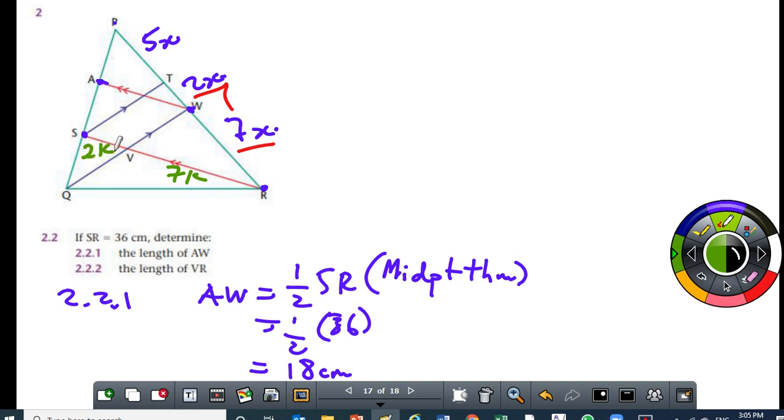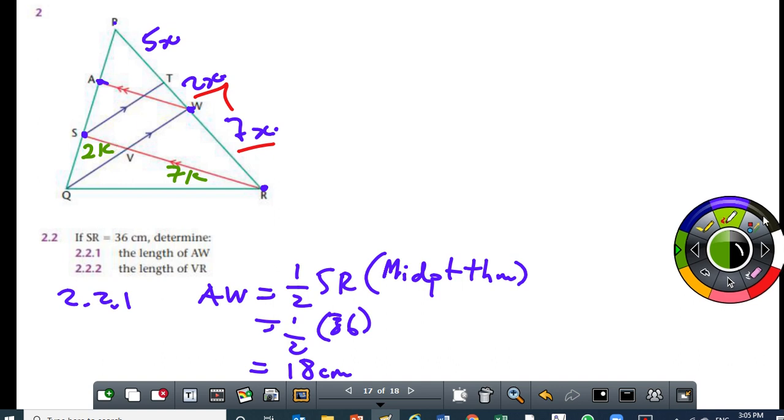It is based on the coefficient of the x. But the constant is now different because it's another side of that triangle. And this concept of the constant is the key to getting the answers for these types of problems. Make sure you know.